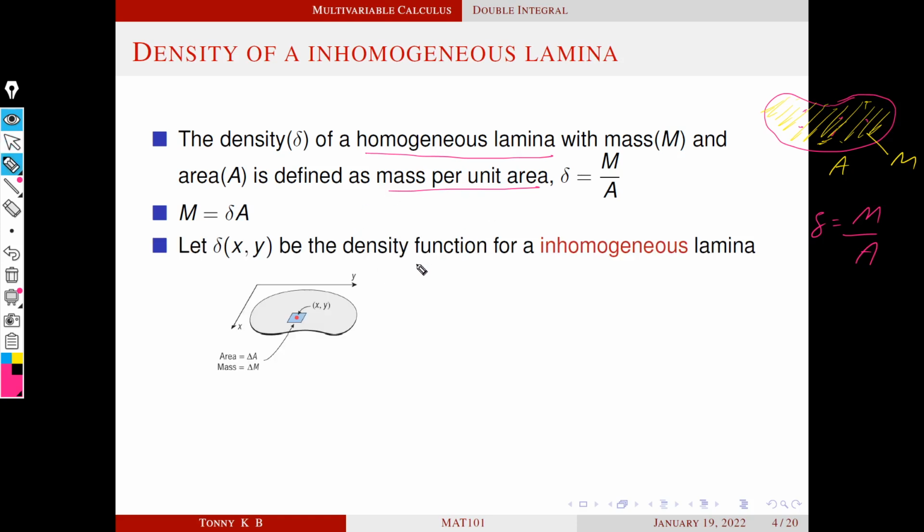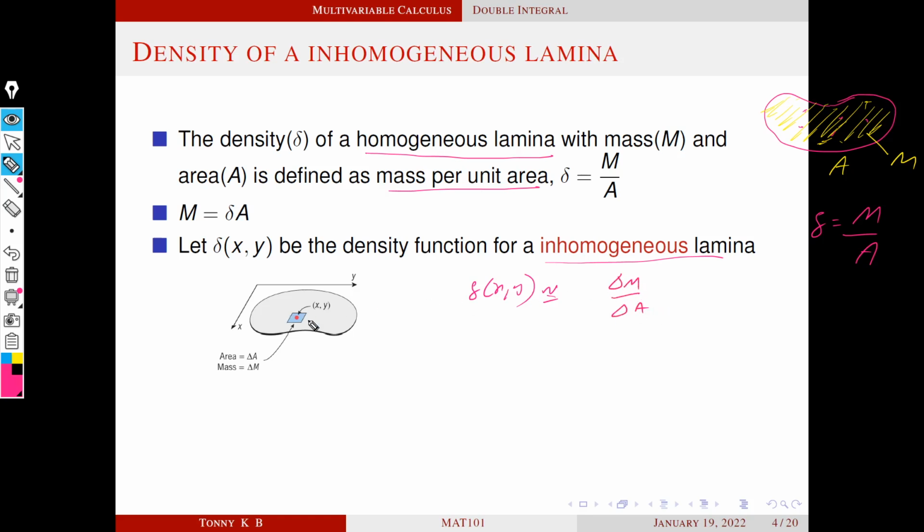Next we consider an inhomogeneous lamina. Inhomogeneous means the composition of the material is different, and it depends on the points. Suppose you have to find the density of the material at this particular point. Then how to find it? I am going to approximate this density using the formula delta m by delta a.